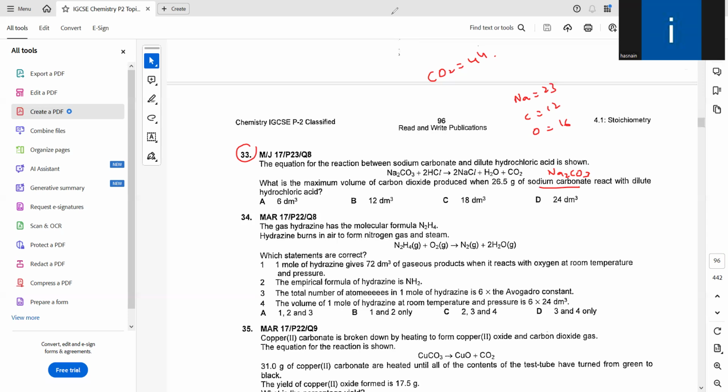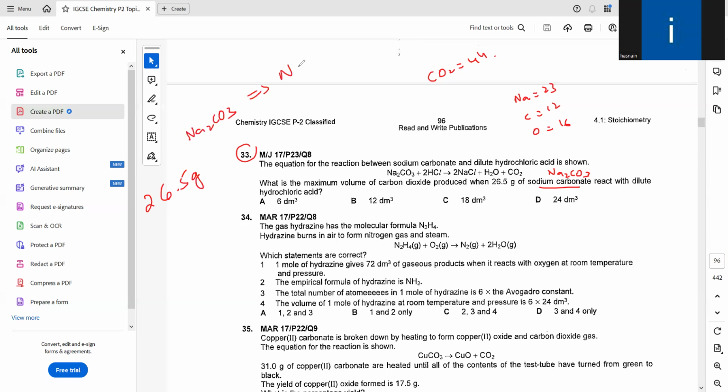You have your answer? You're going to go with 6? Anmol, you haven't tried? Okay, let's find out. 26.5 grams is for sodium carbonate, right?